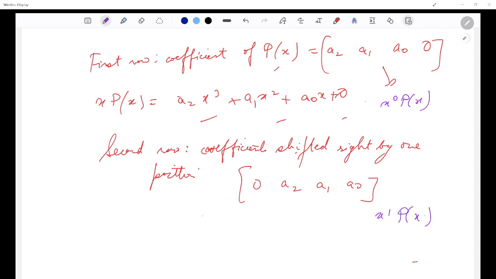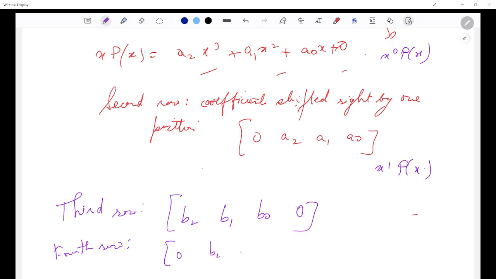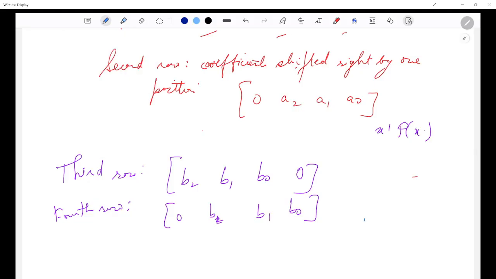Similarly, for the third row we have b2, b1, b0 and 0, and in the fourth row we have 0, b2, b1 and b0. These correspond to x to the power 0 times Q(x) and x to the power 1 times Q(x).